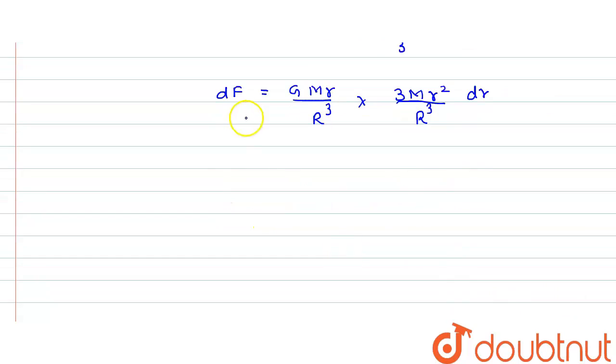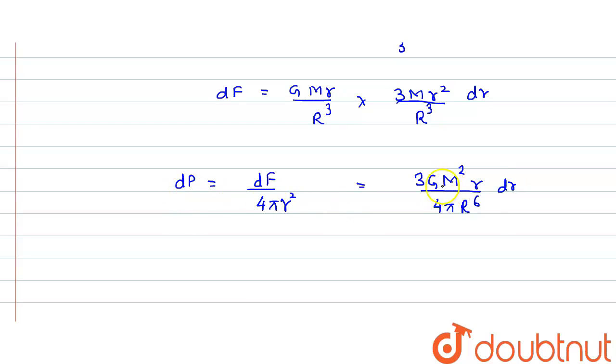Now, for the pressure, dP equals dF divided by 4 pi r square. After dividing, it turns out to be 3GM square into r divided by 4 pi R to the power 6, multiplied by dr. This is the small pressure created due to this small force.